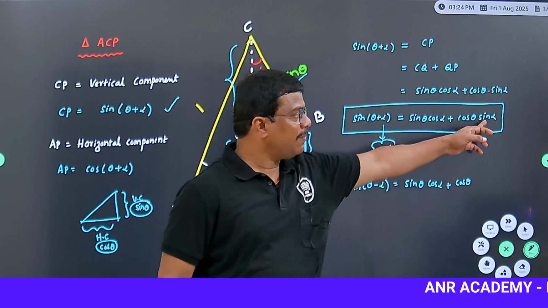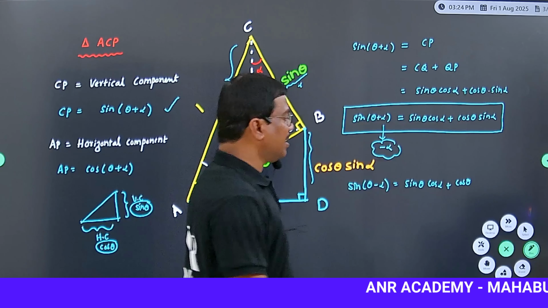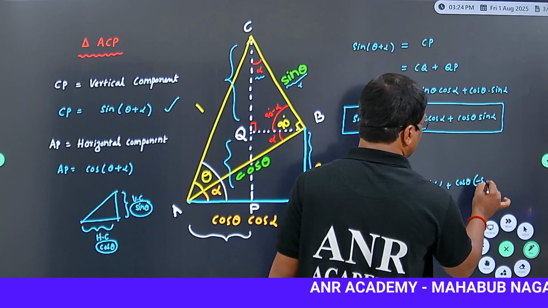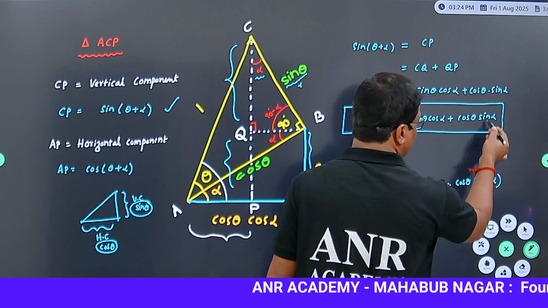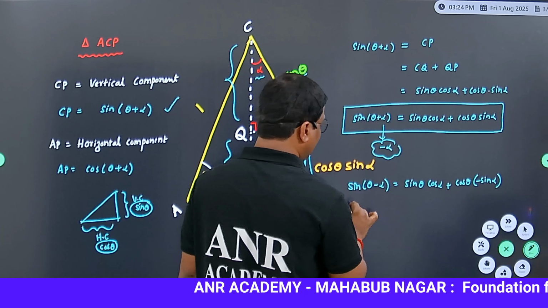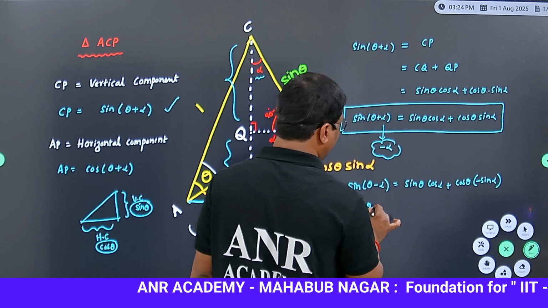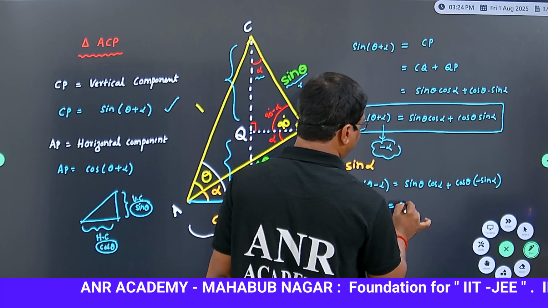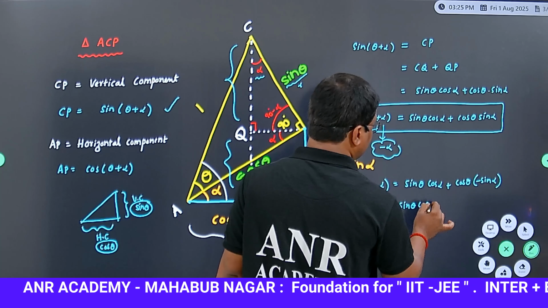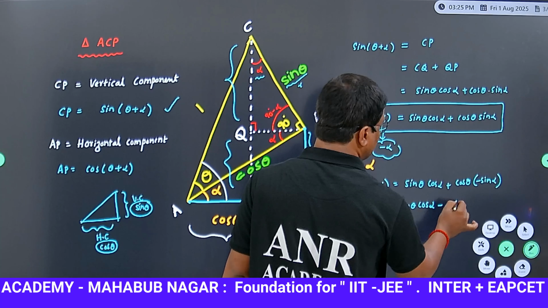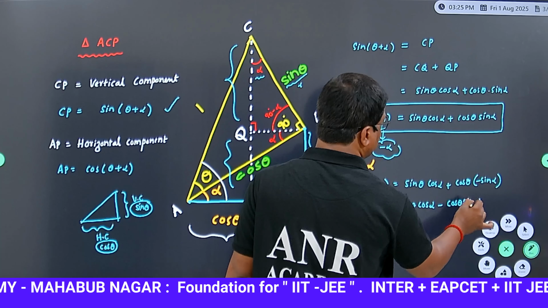Here alpha is replaced by minus alpha, and sin of minus alpha is minus sin alpha. So using that formula you will get minus sin alpha, and hence sin of theta minus alpha becomes sin theta cos alpha minus cos theta sin alpha.